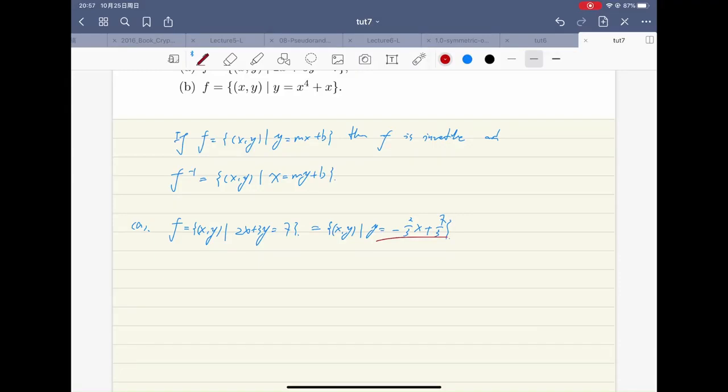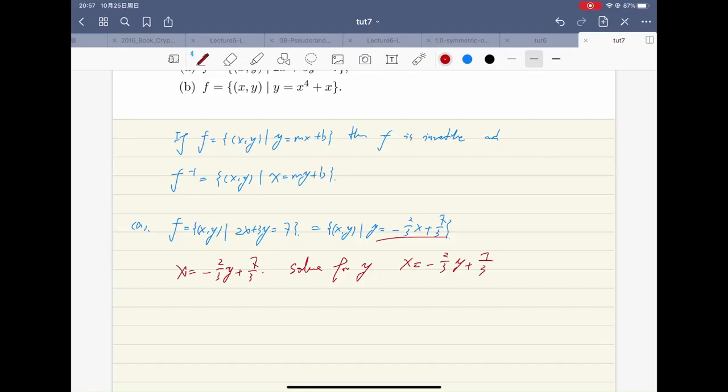Then we interchange the values of x and y. We get x equals negative 2 over 3 y plus 7 over 3. Then solve for y. We have x equals negative 2 over 3 y plus 7 over 3.